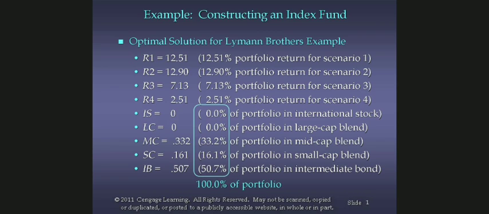For example, in the term portfolio return in scenario 1 minus 13 squared, the variable R1 is raised to a power of 2 and is therefore nonlinear. However, because the coefficient of each squared term is positive and there are no cross-product terms, the objective function is a convex function. Therefore, we are guaranteed that any local minimum is also a global minimum.